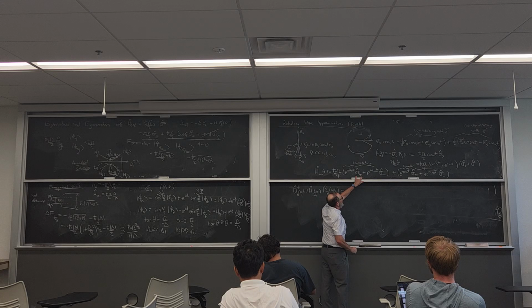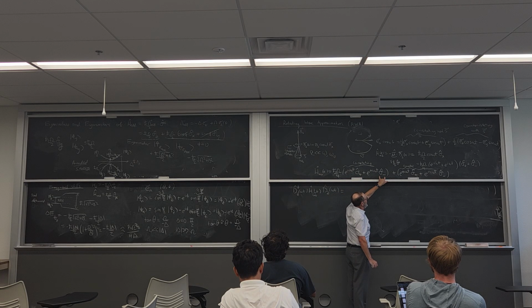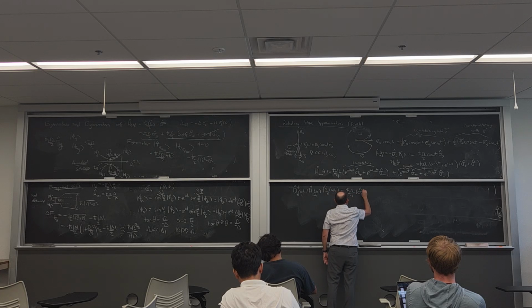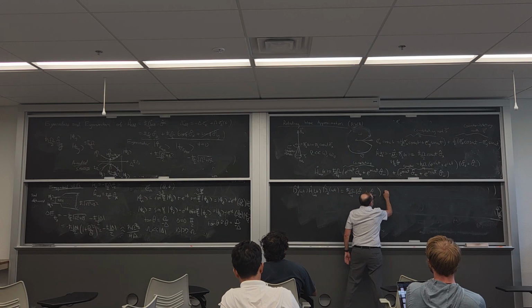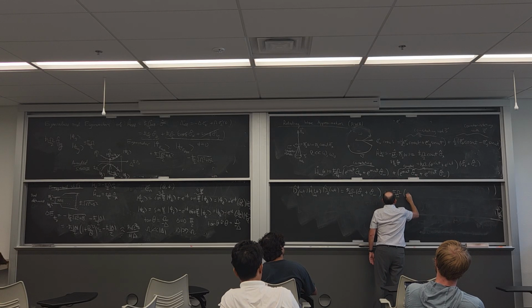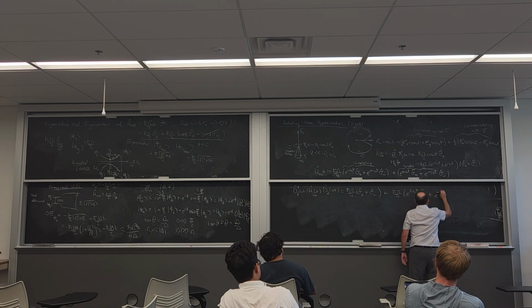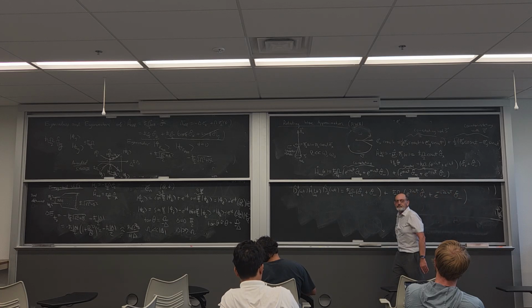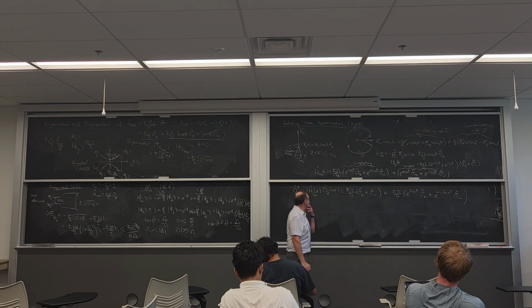Well, this thing becomes e to the plus i omega t, that cancels this. This thing becomes e to the minus i omega t, cancels that. But then we have twice that. This is not time independent anymore.